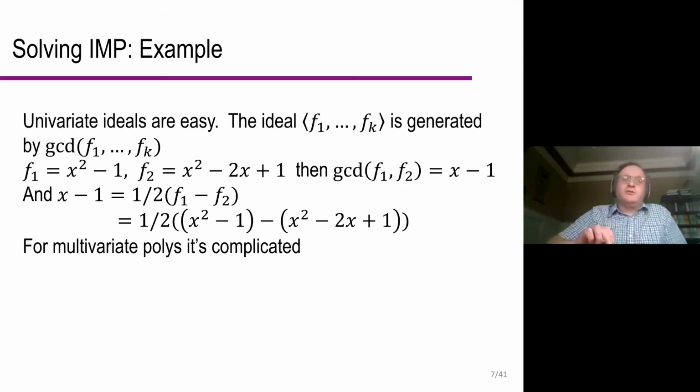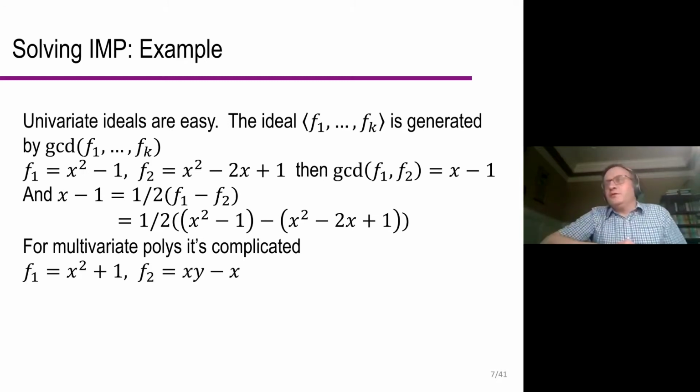So let's look, for instance, at these two polynomials. They don't have any non-trivial greatest common divisor, right? But we cannot claim that the ideal generated by those polynomials is also generated by their greatest common divisor. We just don't know. It's not quite clear what is going on here, right?